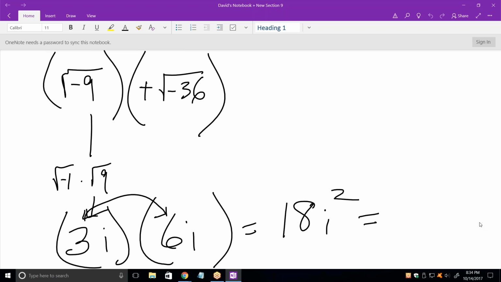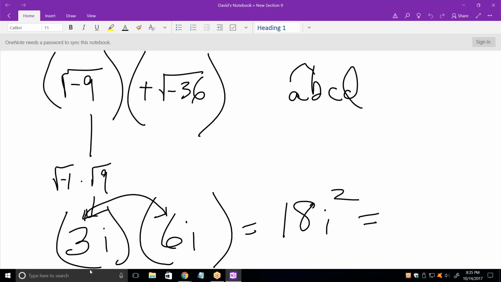Oh, so is this like a FOIL thing then? Not really. When you have 4 terms multiplied together, you got to multiply them all. Okay, that makes sense. I got a 3i times a 6i, so I got to multiply the 3 times the 6 and the i times the i. In other words, when you have A times B times C times D, you just multiply them all once.